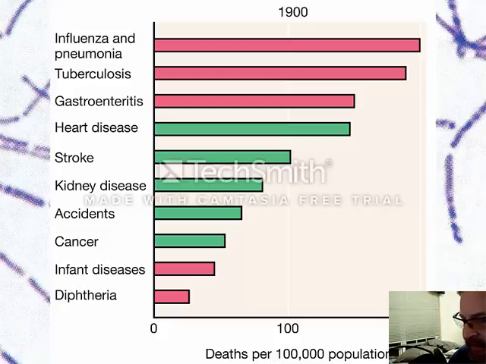Okay, so if you look at this graph, and this is deaths per 100,000, which is a very common way of describing death rates, you'll see that in 1900, infectious diseases like influenza, pneumonia, tuberculosis are some of the leading causes of death.